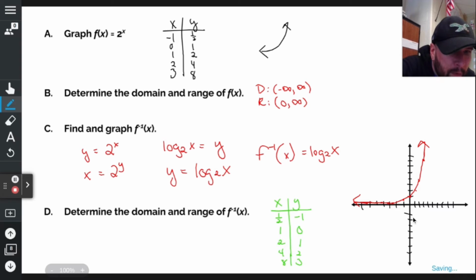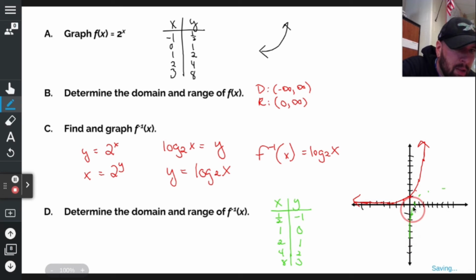So 1/2 is -1. Boop. And 1 is 0. Boop. And 2 is 1. Boop. And 4 is 2. Boop. And 8 is 3. 1, 2, 3, 4, 5, 6, 7, 8 is 3.